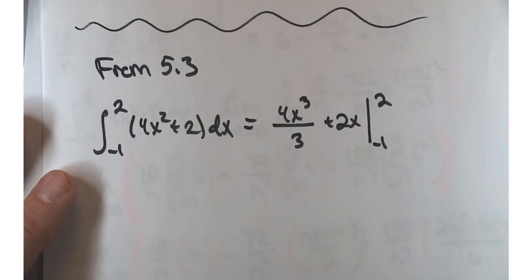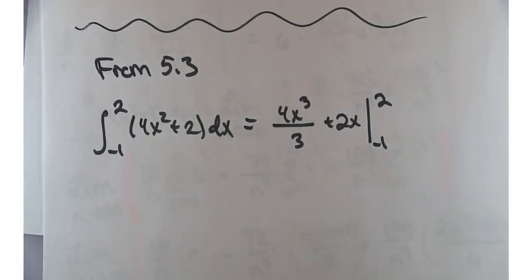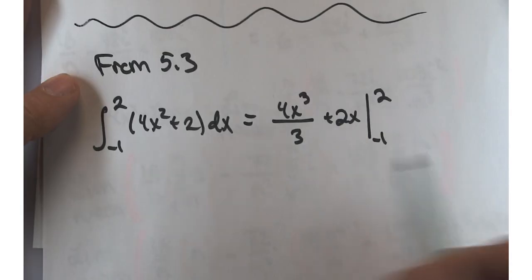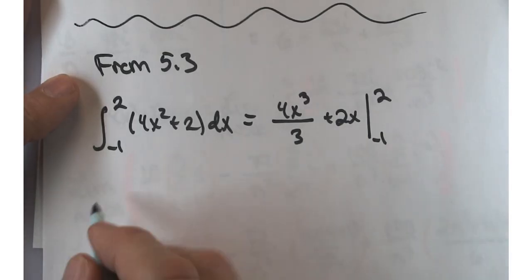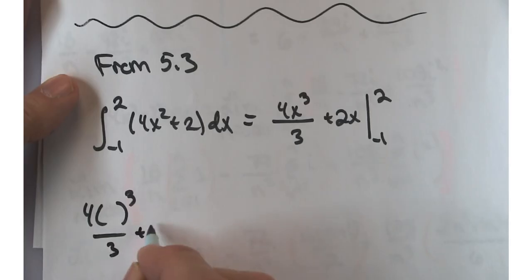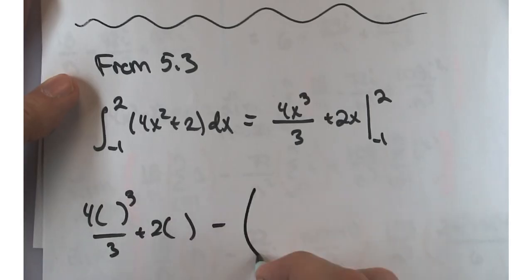Wow, this is feeling easier right away. Arlie's looking at me like, why didn't you tell us this in the first place? Well, you need to have the association between area and these integrals. Let's plug in the 2, minus what happens when we plug in the -1.